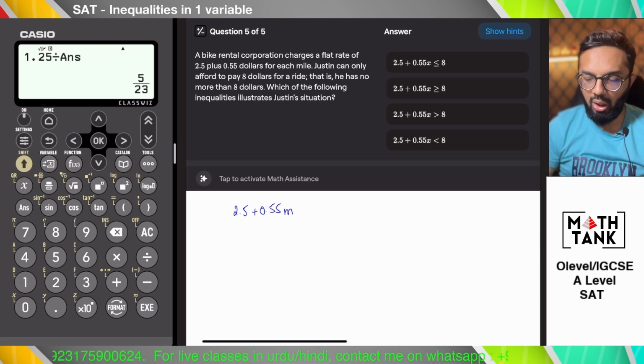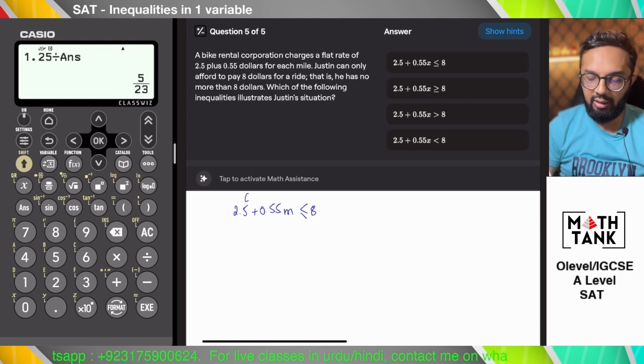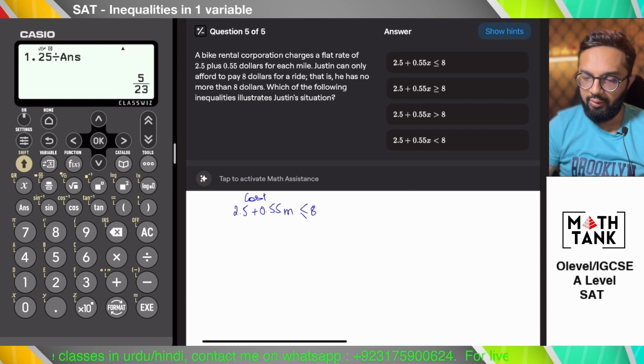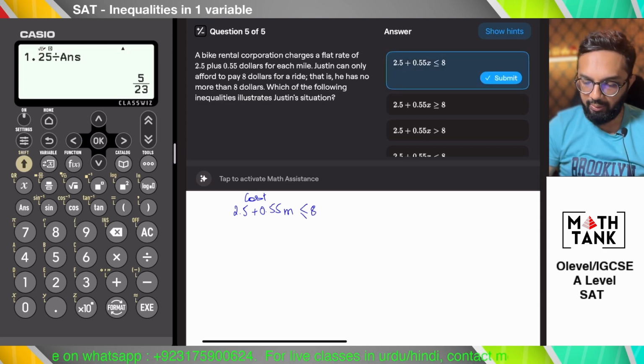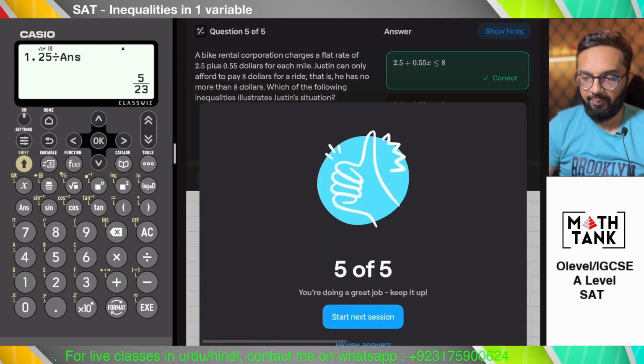So he cannot have the cost more than 8. So his cost has to be less than or equal to 8. This is my cost function that I've created here. Okay, so this is my correct answer. Let's see if that matches what is in the answer key. Yes, that is the correct answer.